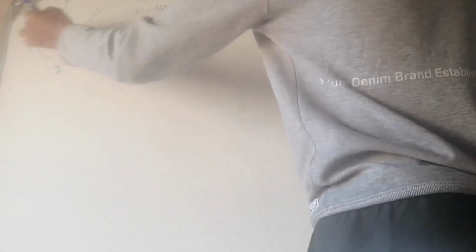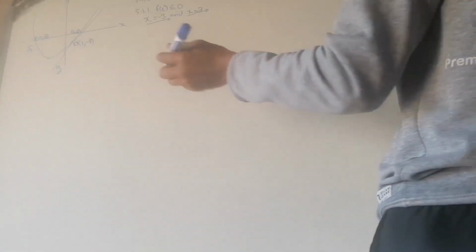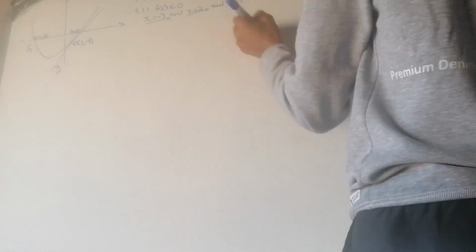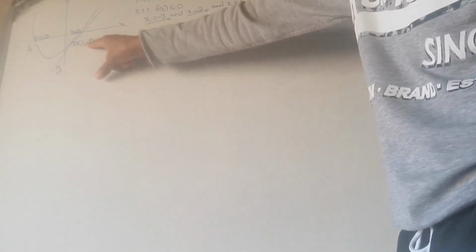The other part says y equals 0 on the x-axis when x is -3 and x is 2. So there are 3 points on the graph that demonstrate that. f(x) are the values of y. For which values of x will y be less than or equal to 0?